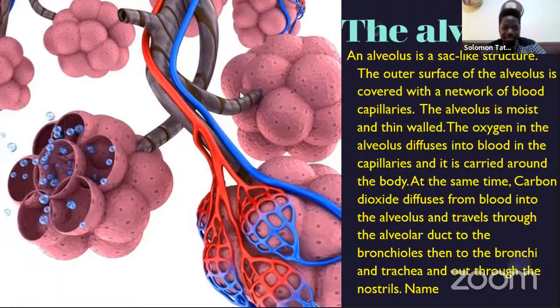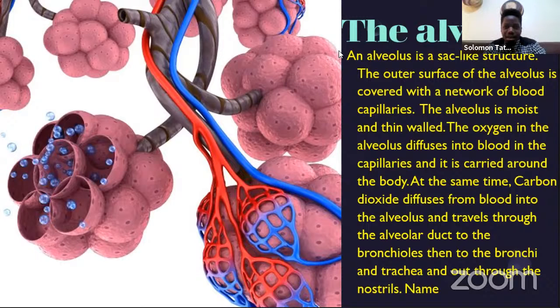Who remembers? Peter said the alveolus. That is correct. It is the alveolus. So the alveolus is the surface where gaseous exchange takes place.